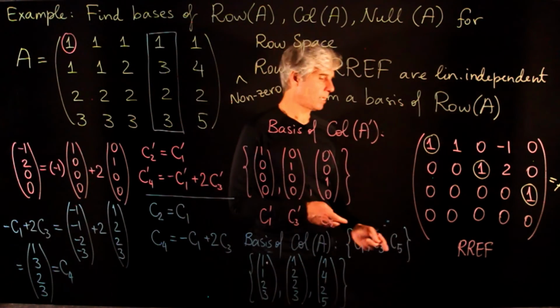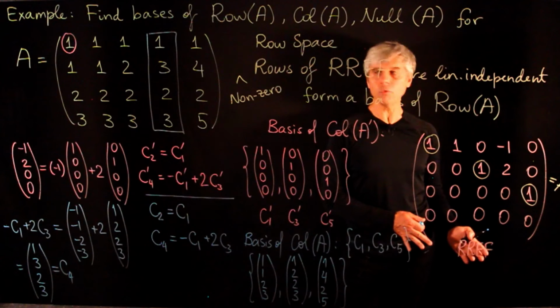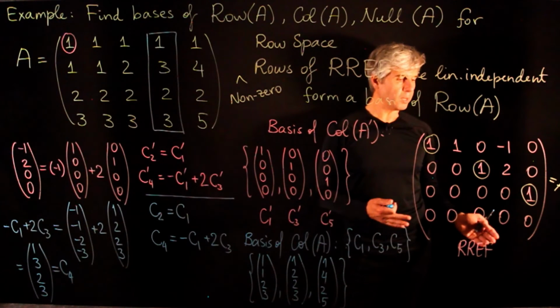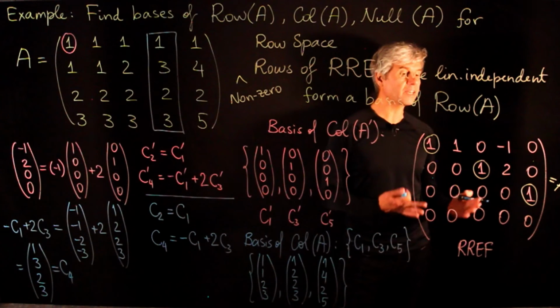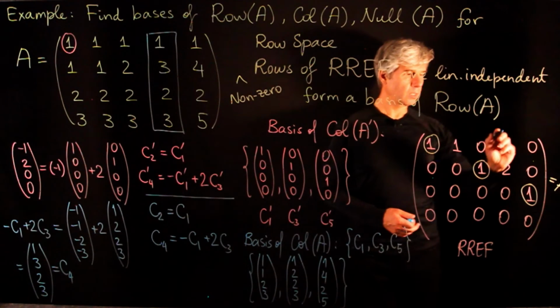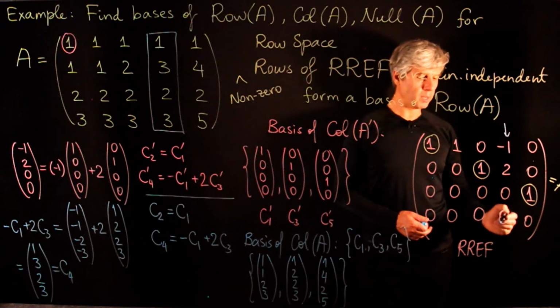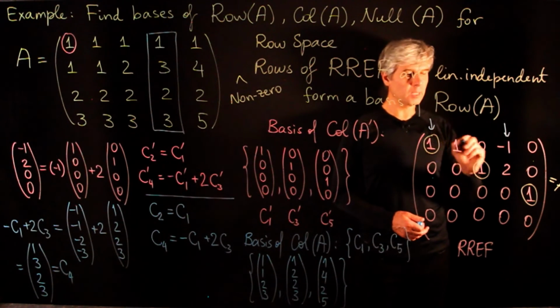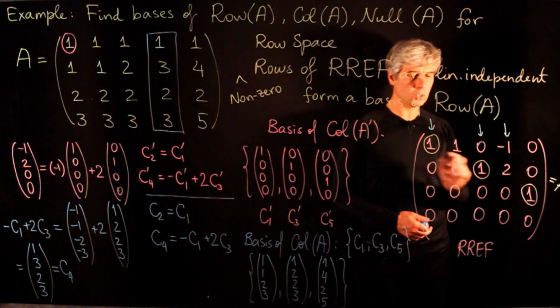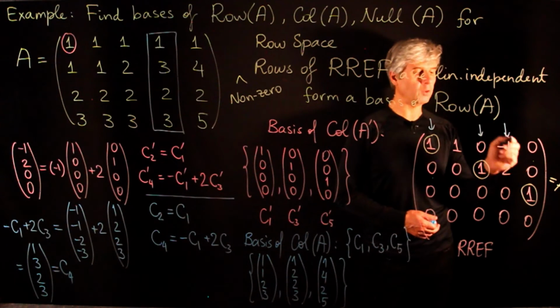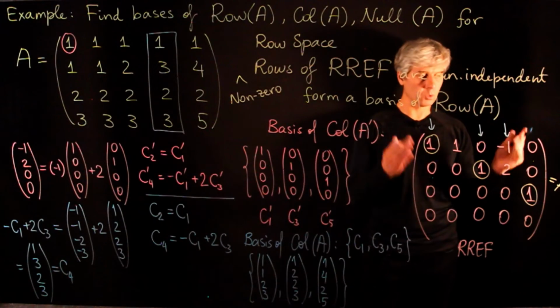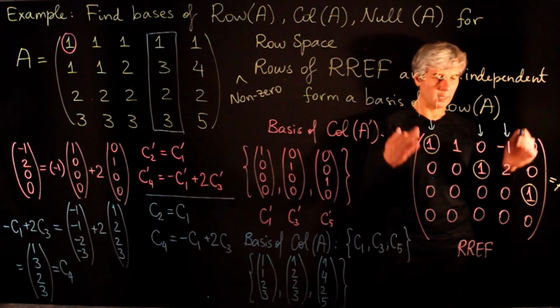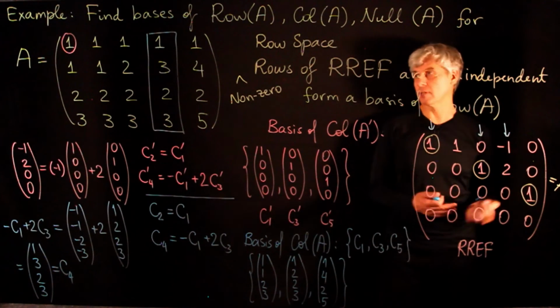When we look at the reduced row echelon form, these linear dependencies between columns are all uncovered. Here it's quite obvious that column number 4 is a linear combination of these two columns, and here are the coefficients: minus 1 and 2. So here things are obvious and uncovered.